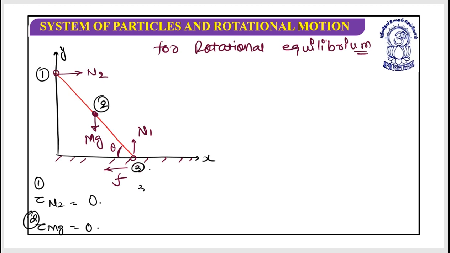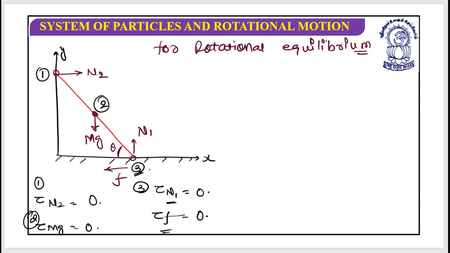And let's say this is the third point. Then the torque due to n1 will be 0 and the torque due to friction will be 0. So if I analyze this, I understand that if I choose this location for the net torque to be 0, then the calculation would be easier, because the torque due to two forces can be converted to 0.